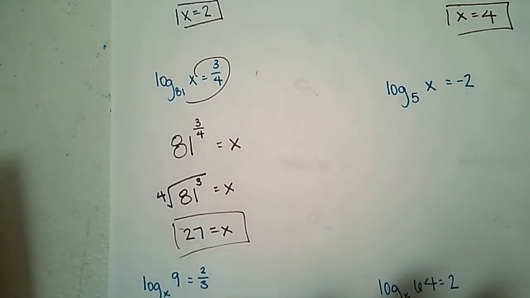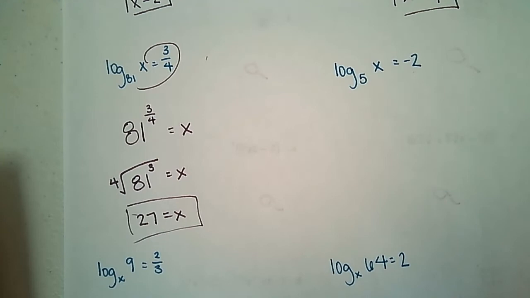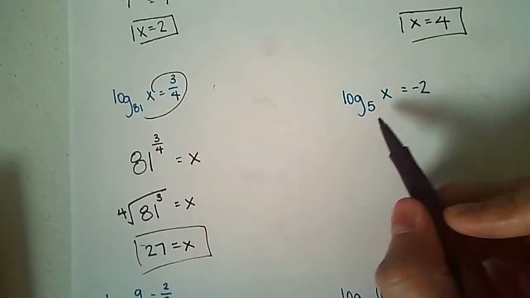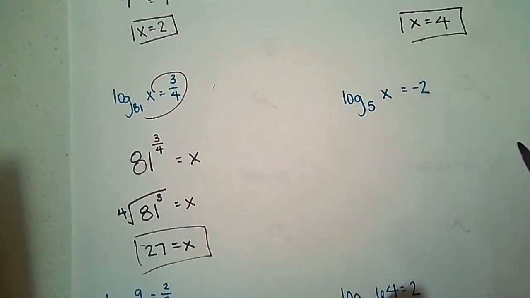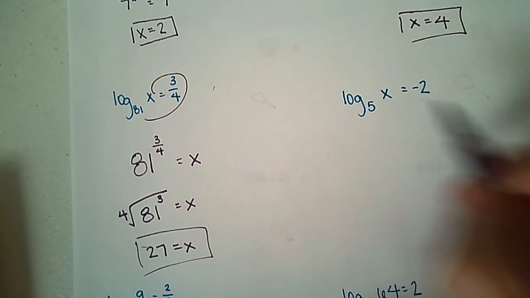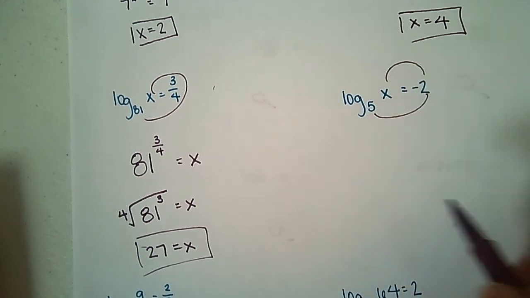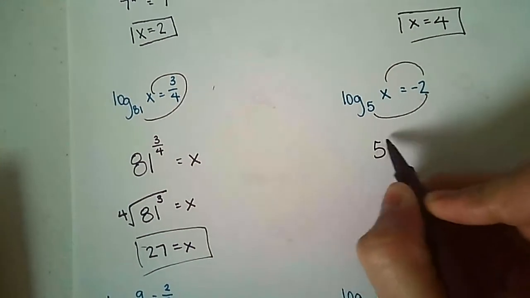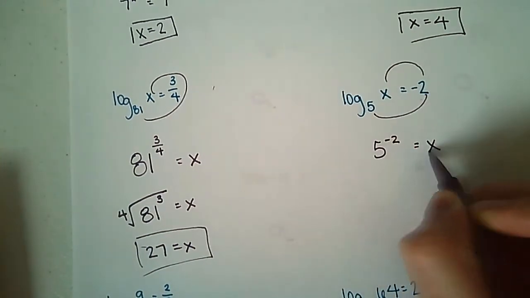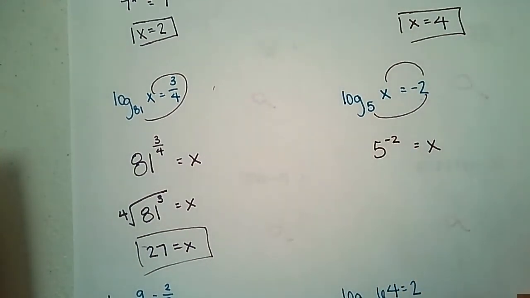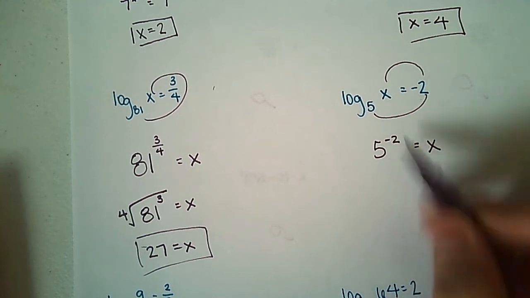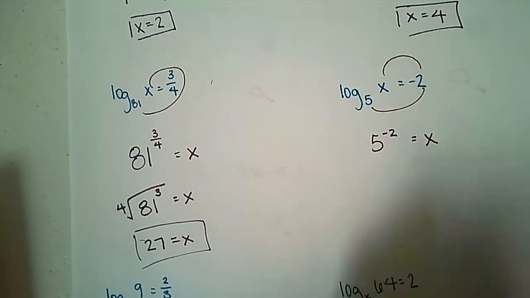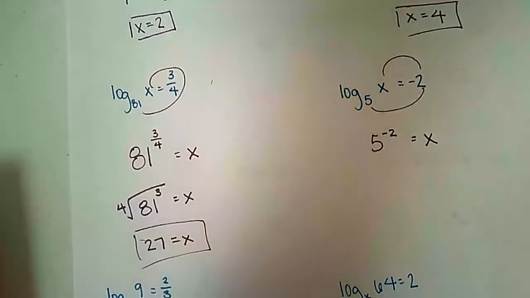Let's go ahead and do another one. So this next one, we have log base 5 of x equals -2. Again, first step, we need to get it into exponential form. So this would be 5 to the power of -2 equals x. And now again, we just need to clean this up. So we know negative exponents make things flip to the bottom.